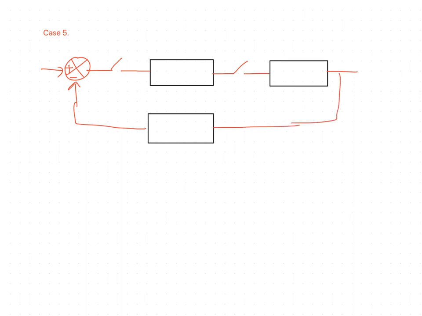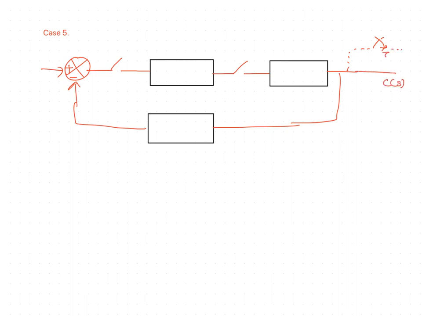Then we have case 5, wherein there is a sampler at the input side as well as in between the two blocks, but there is no sampler in the feedback path. So, we can place a fictitious sampler here.